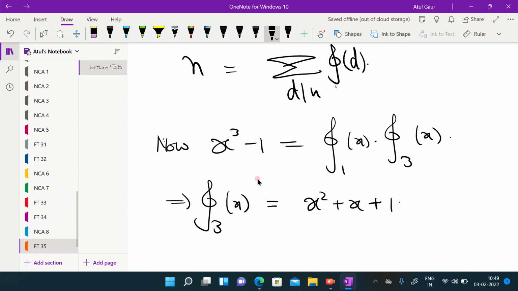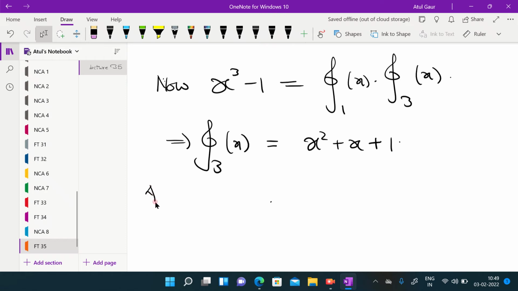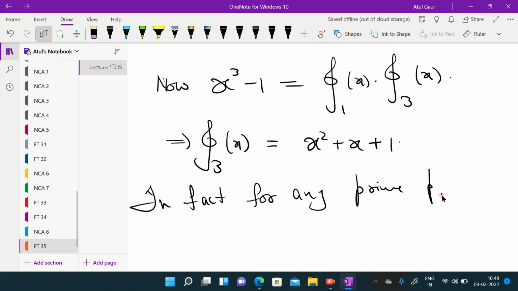In fact, nothing surprising for any prime p. x power p minus 1, when you use that formula, only divisors of p are 1 and p, right?